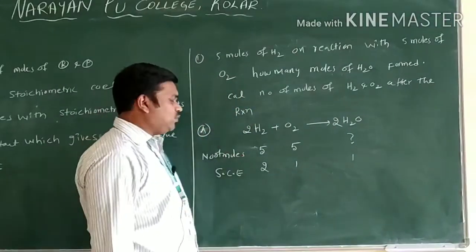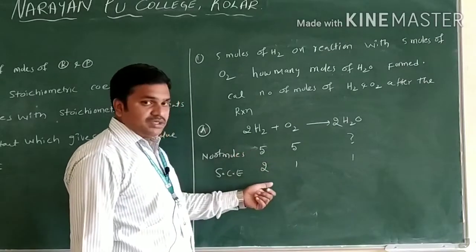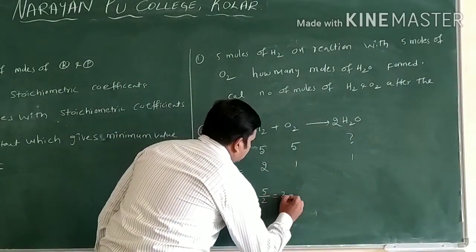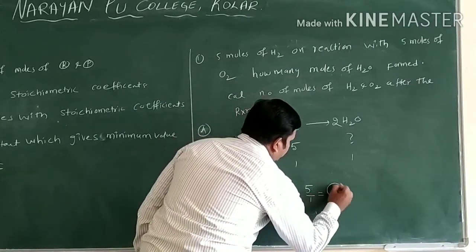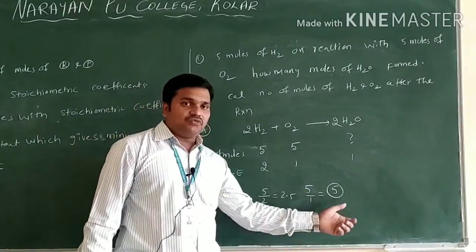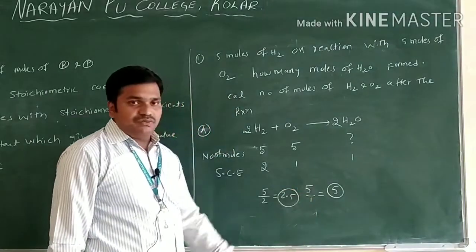First I wrote the number of moles, then the stoichiometric coefficient. Divide the number of moles by the stoichiometric coefficients. I will get 5 by 2, that is equal to 2.5, and here I get 5 by 1, equal to 5 only. Minimum value 2.5, maximum value 5.